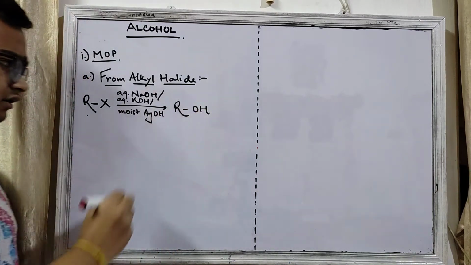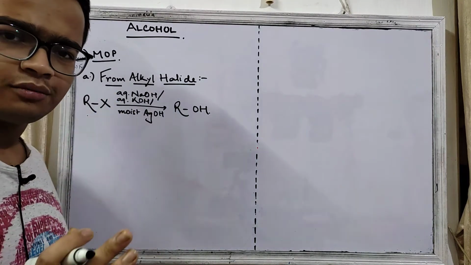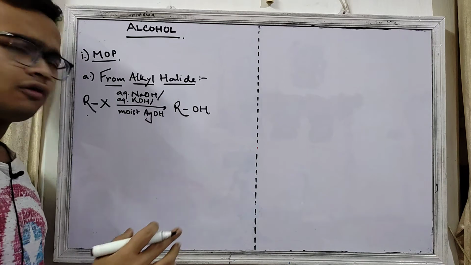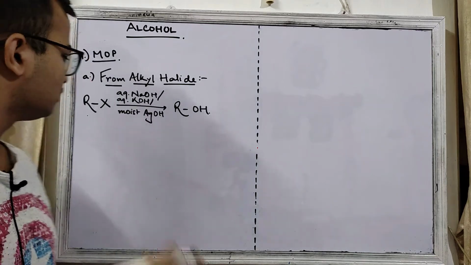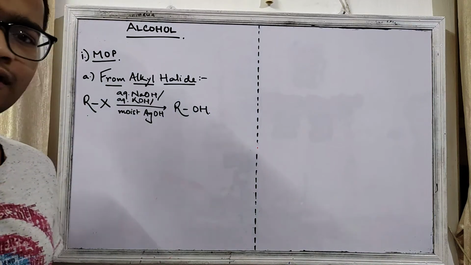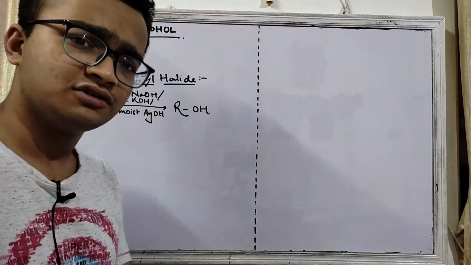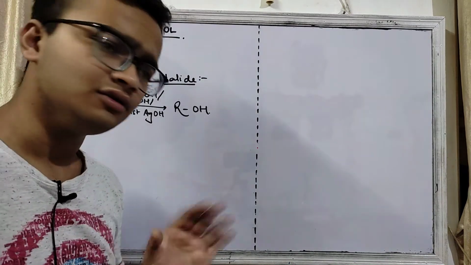Now see, these bases KOH, NaOH and AgOH are strong bases, right? So this strong base will not wait for the removal of the halide and will attack from the rear side. This happens in substitution nucleophilic 2, the SN2 reaction.